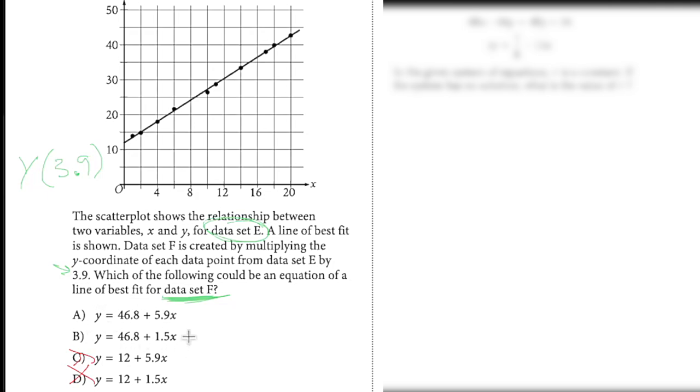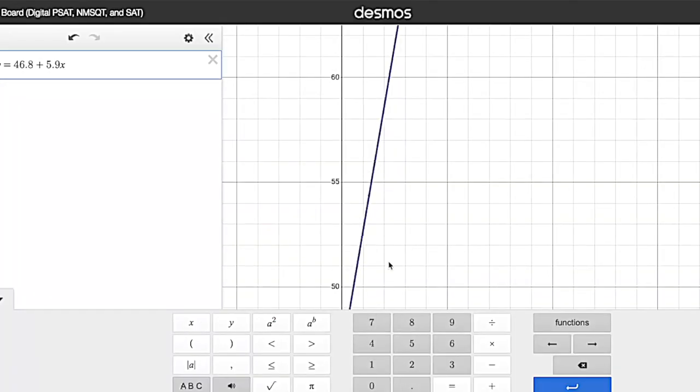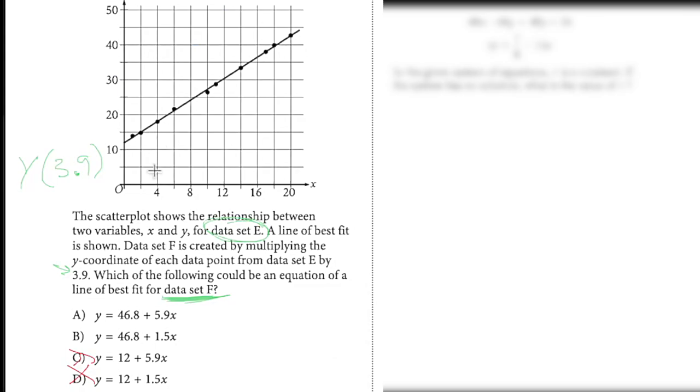So the first one is y equals 46.8 plus 5.9x. All right. And let's look at a point that's easy to spot here. So we have 2. These are going up by 2. So this would be like 2 and then roughly 15. But then what's 15 times 3.9? Basically 15 times 4, it should be close to 60, right?